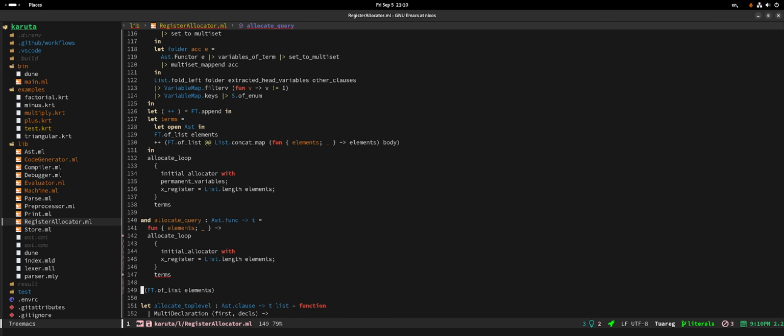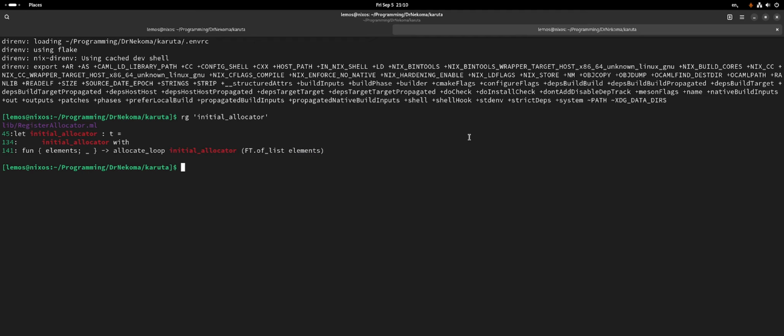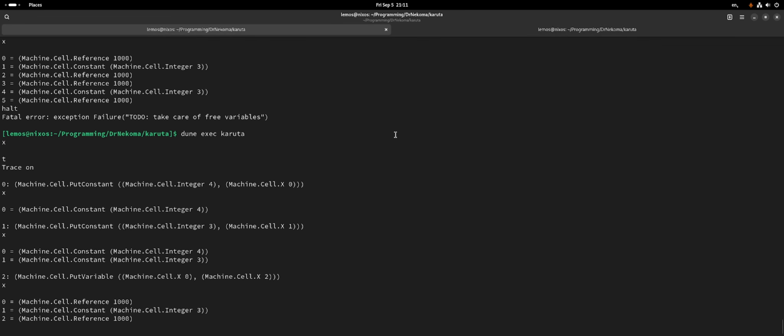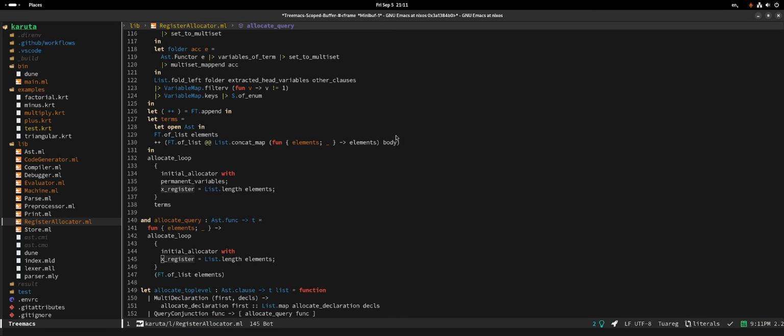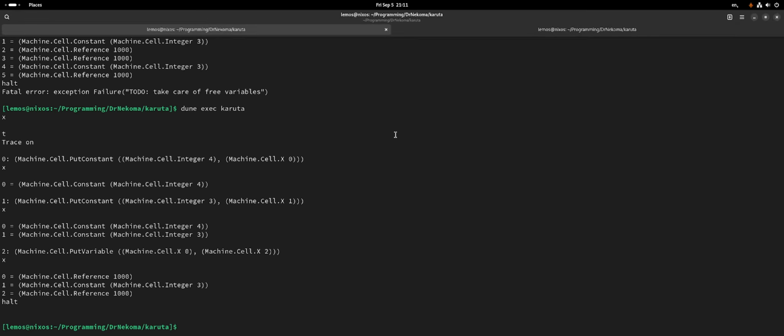Why didn't we catch this before? Because before, everything that we had, both terms, both functors and variables, would be allocated to some register.